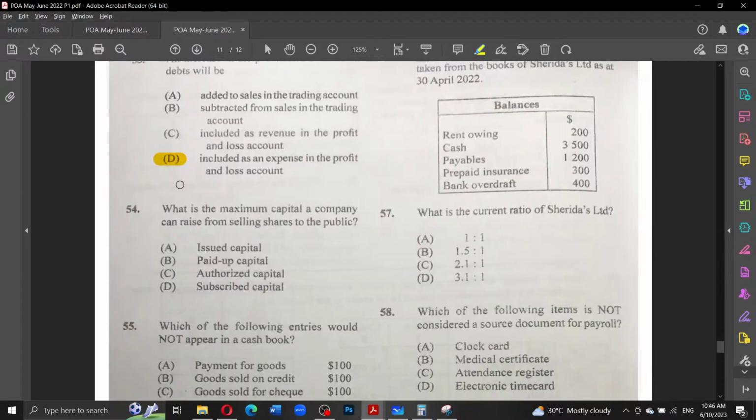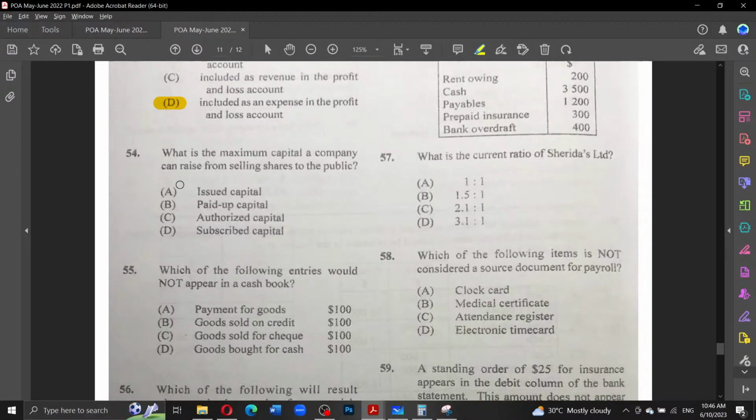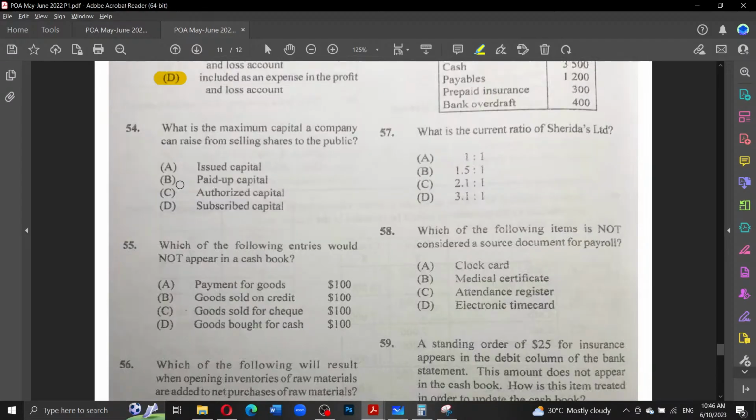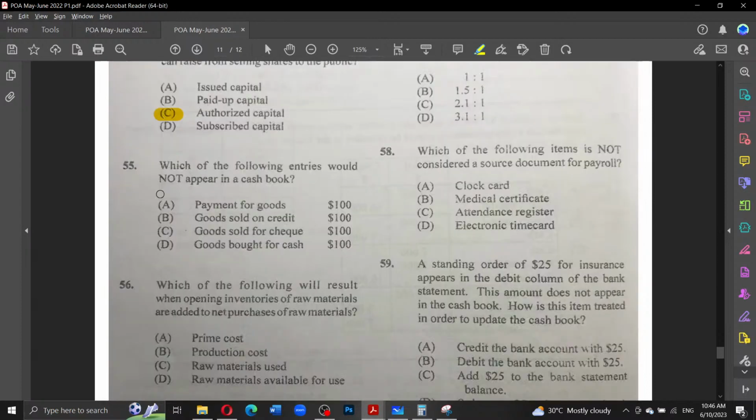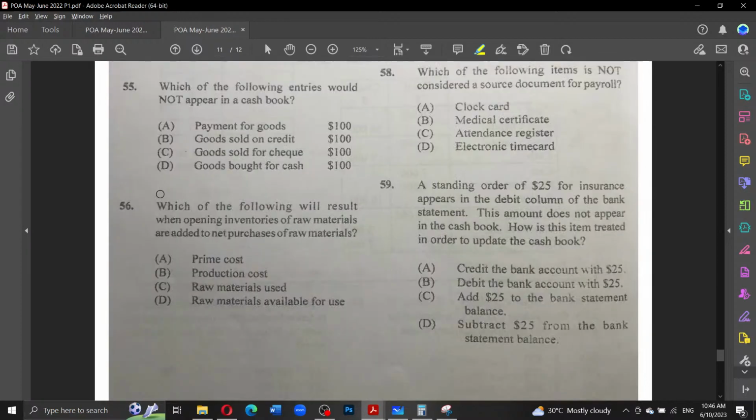What is the maximum capital a company can raise from selling shares to the public? Alright, so the maximum is known as authorized share capital. Which of the following entries would not appear in the cash book? So remember, the cash book basically deals with cash transactions. So let's look for something that's non-cash.